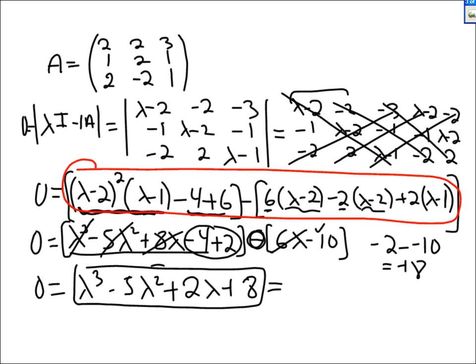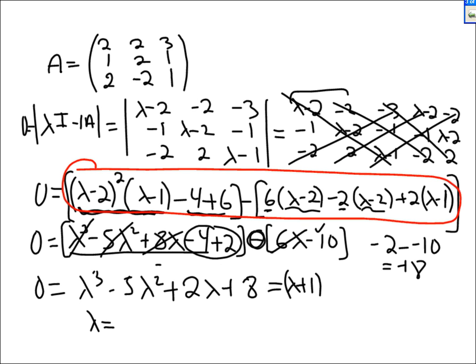Okay, so first you find out that lambda, actually, I won't even say this is a characteristic polynomial. If you were to use pre-calc techniques, you would find that lambda is negative 1, lambda is 2, and lambda is 4.